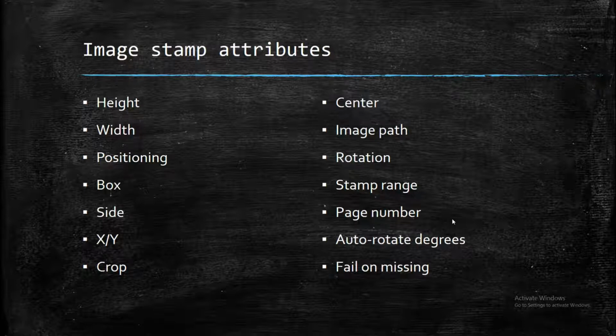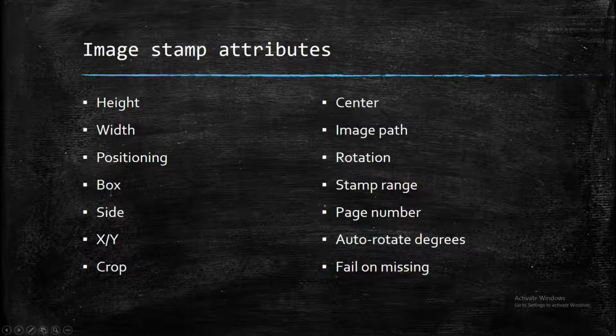So an example there would be if we've defined a width and height that is essentially a portrait where the width is narrower than the height, and we are trying to bring in an image that is wider than it is tall in a landscape orientation, if auto rotate degrees has been defined, then we're going to rotate that image to fit the box. Typical values for auto rotate degrees are going to be 90 or 270, depending upon which way you need that image to rotate.